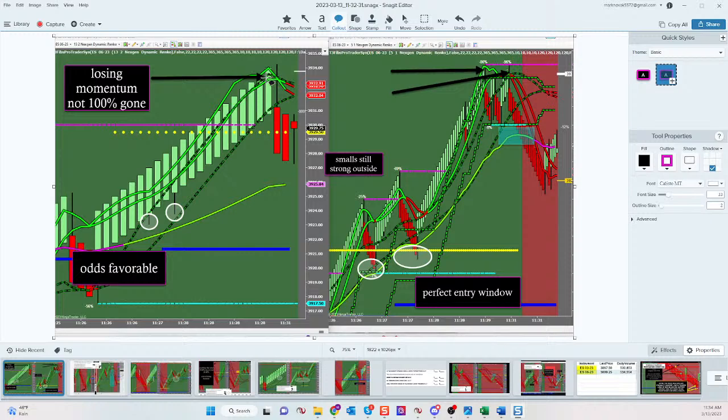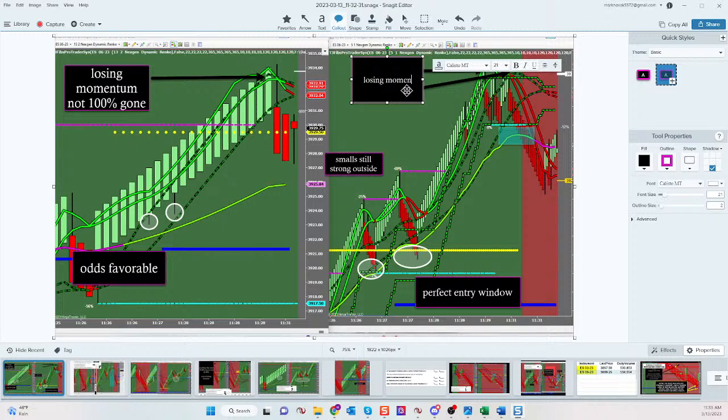Losing momentum, no areas inside. Do you see the difference? Are we there?